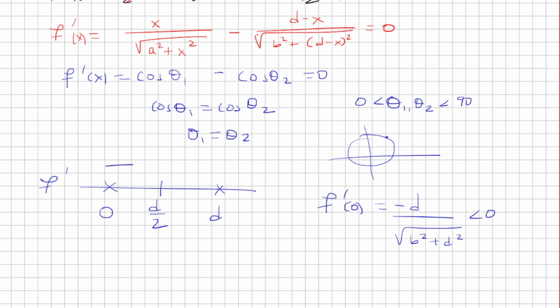Now if I plug in d, this whole first term is 0, and now this is just d over the square root of a squared plus d squared. This is positive. So this is decreasing, then increasing. D over 2 is a minimum. And we showed that at d over 2, theta 1 has to equal theta 2.